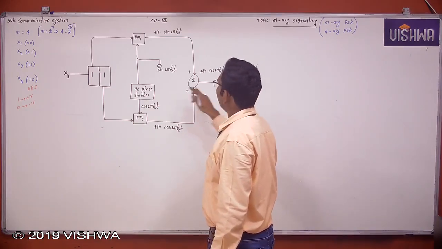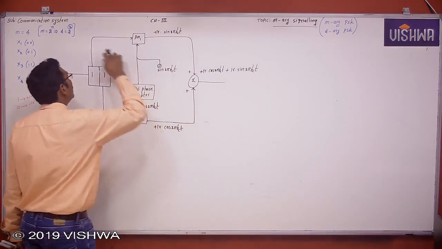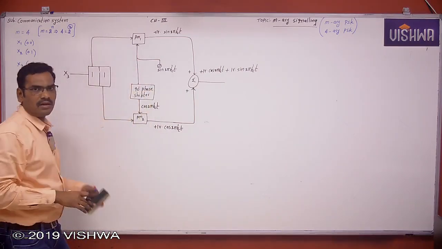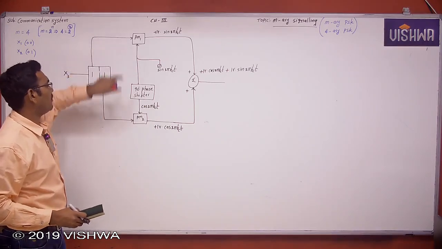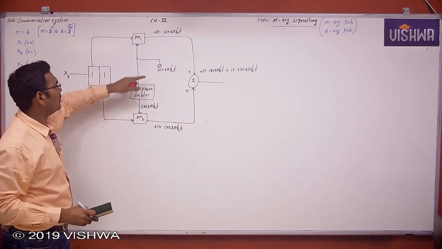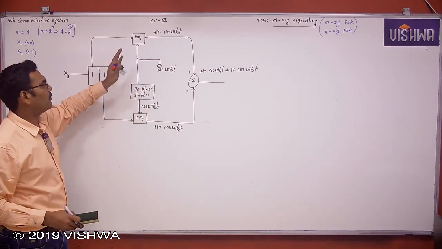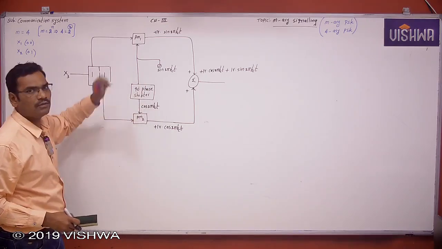This is the quadrature carrier multiplexing. This is the multiplexed signal. See here, two message signals, M1, M2, but with the same carrier frequency, without interfering with each other. Therefore, this is quadrature carrier multiplexing. Carriers are orthogonal to each other.